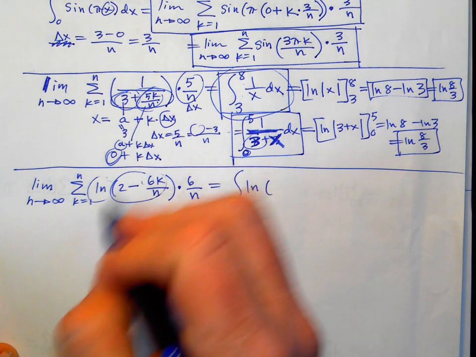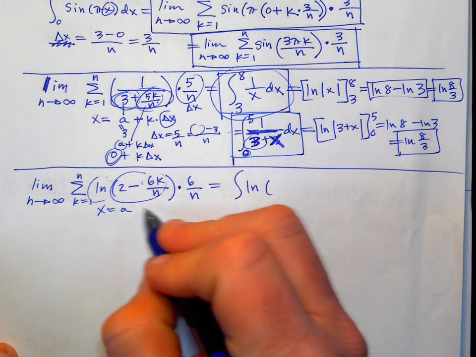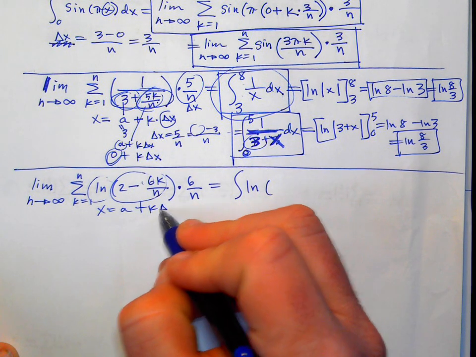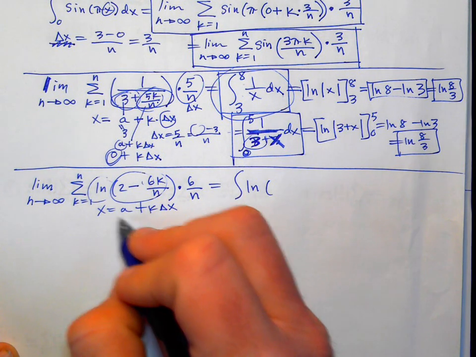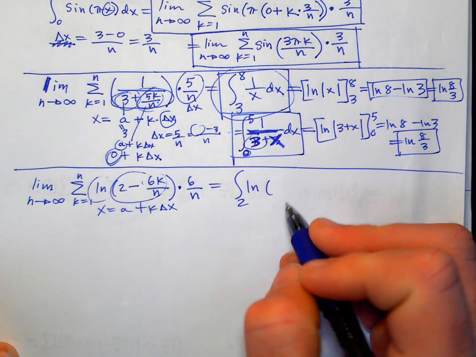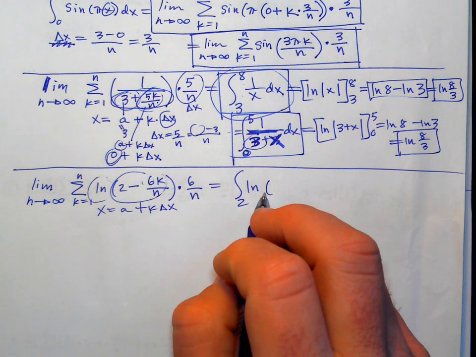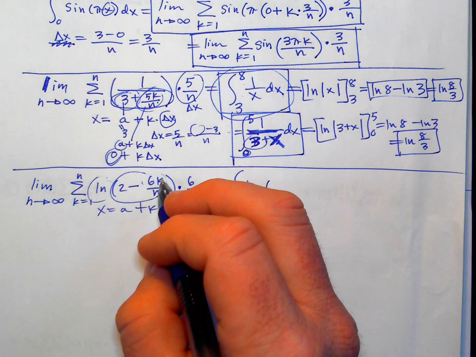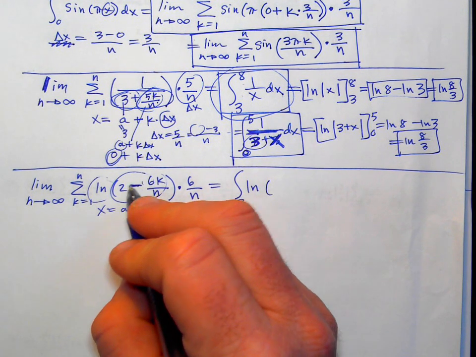So this whole thing could be our x, a plus k delta x. And so a would equal 2. That would be our lower limit, right? And then we would have to figure, now this is minus, so that's a little weird.